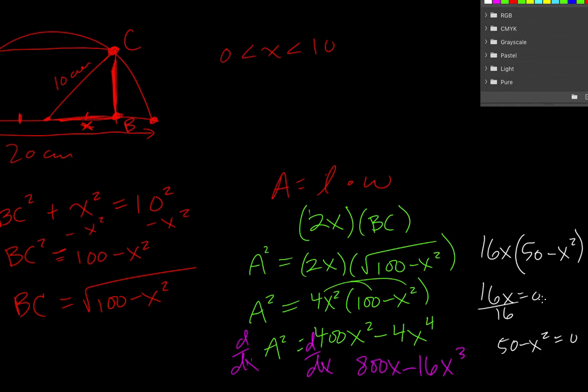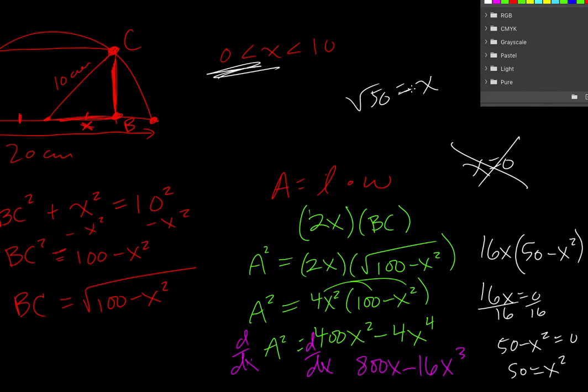So we divide by 16. So we have x equals 0, which we throw out because we don't quite allow 0. We add x squared, so we get 50 equals x squared. Square root both sides, and so the square root of 50 is equal to x.